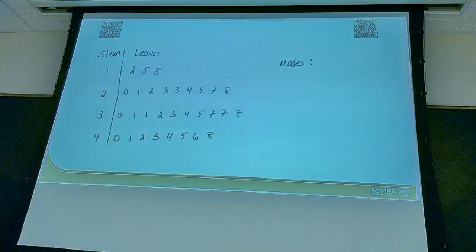Would it be 2.3? 3.7. 3.1. Right? Yeah, I get that.